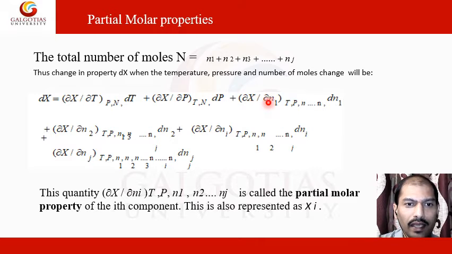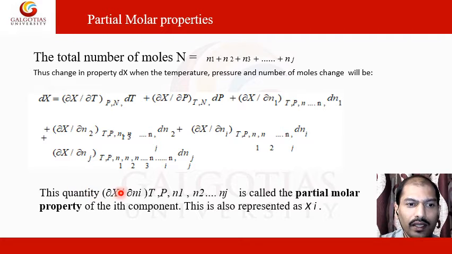Similarly, for del x upon del Ni at constant temperature, pressure and the other N, the equation will take this form. Further you can see del x upon del n2, and likewise you can take the same up to dni or dnj. Whatever the number of molecules, this will proceed accordingly. So the final form you can write this way.